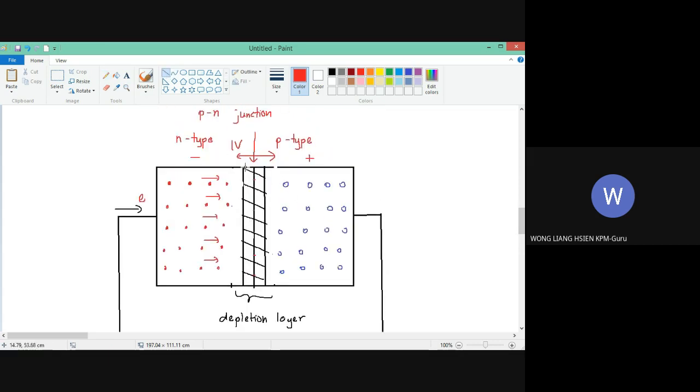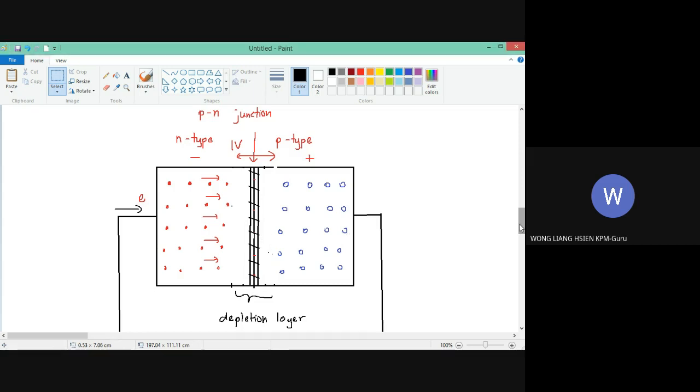Right? It will become even more narrow, very narrow.